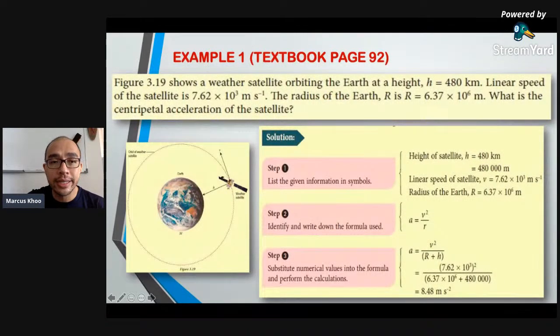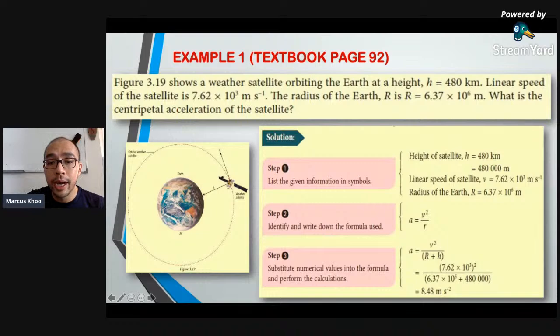Okay, so this is an example in our textbook of how to calculate the centripetal acceleration. I want to remind you again that the r, the radius that we're talking about here, is not the radius of the Earth only, but the distance between the center of the Earth to the satellite, which is why they add both together: the radius of the Earth plus the height of the satellite.